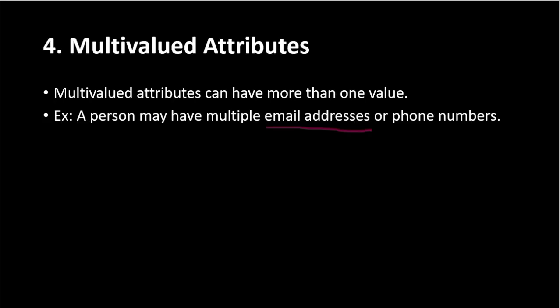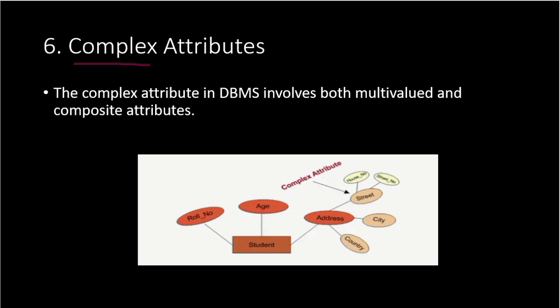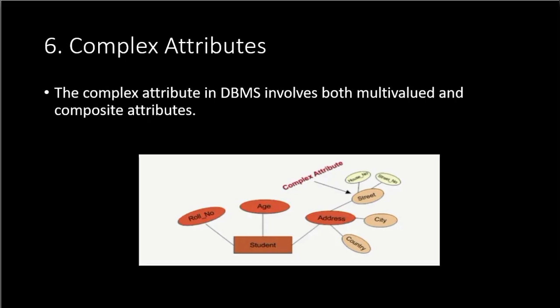Now come to the complex attribute. One person might have one or more houses, and each house may have more than one phone, the mobile.